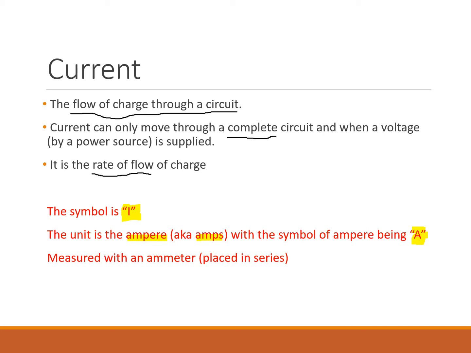Finally, we have an ammeter, which must be placed in series when we're measuring a current. So I've attempted to draw a little circuit over here on the bottom right-hand corner. We have our cell and we have a resistor.